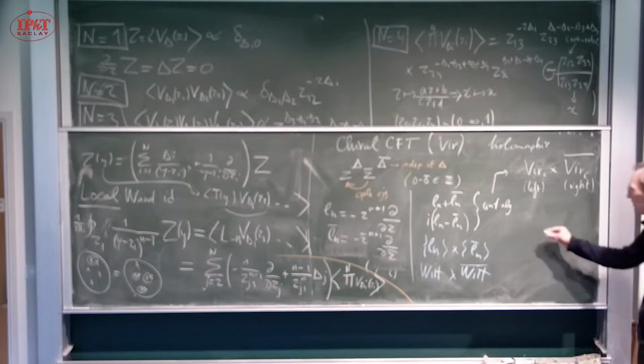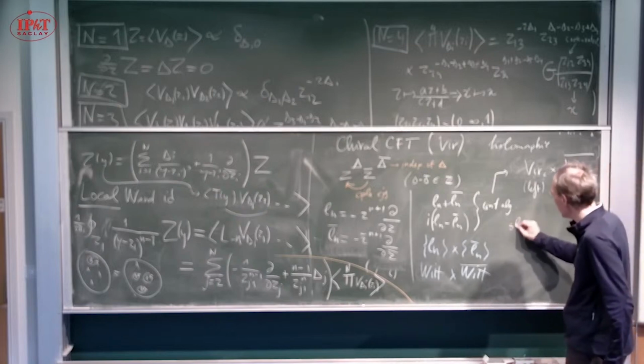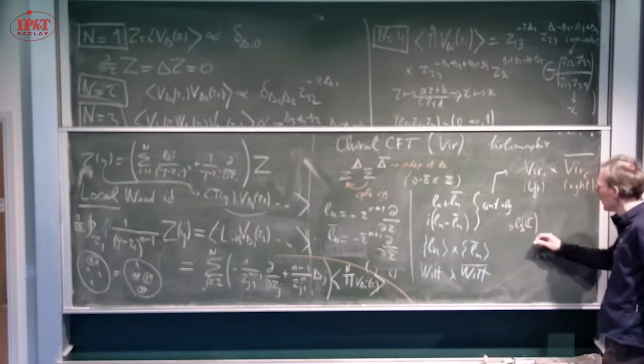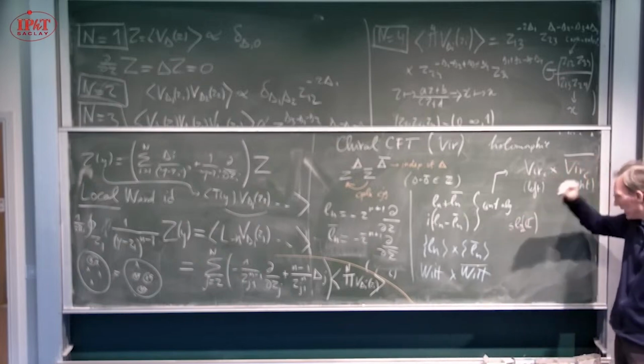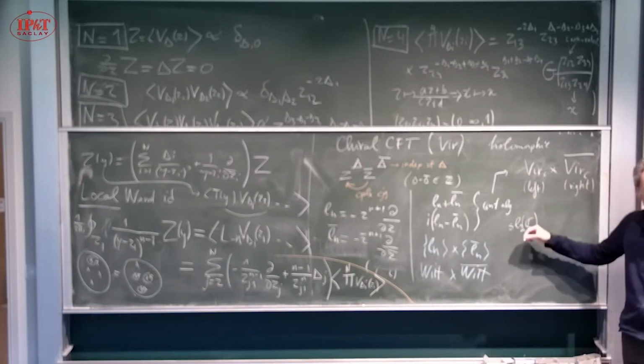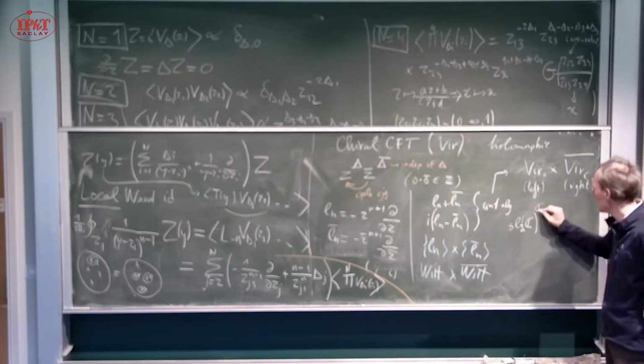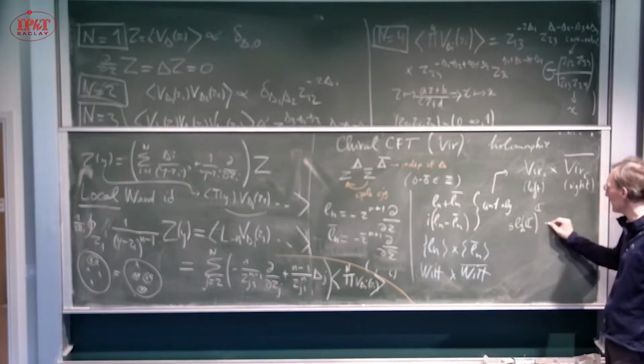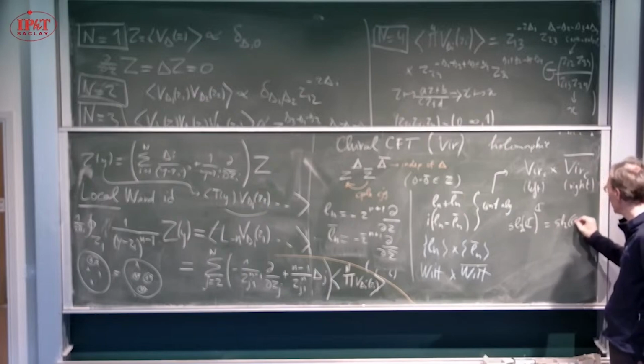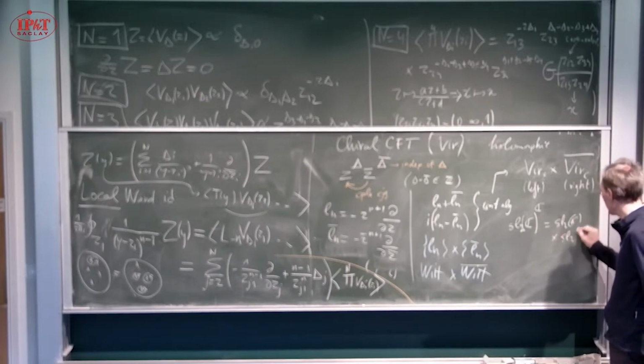It's a bit like our algebra of global conformal transformations, which lives in the Lie algebra SL2C. That's a six-dimensional real Lie algebra. But if you act on a complex space, you have to complexify it. And what is the complexification of this algebra? Well, it's in fact SL2C times SL2C.